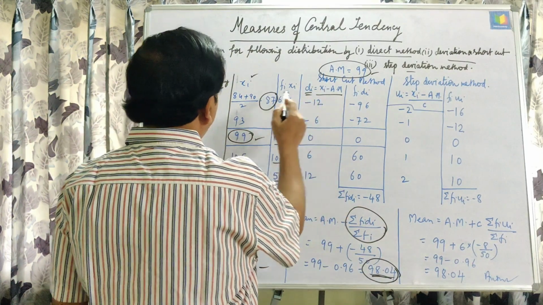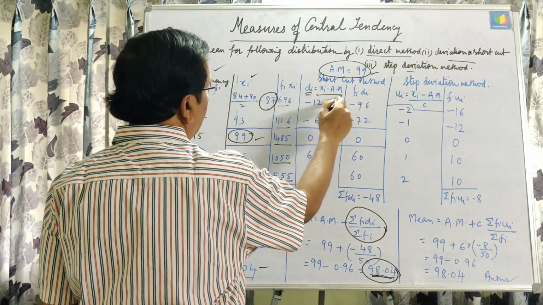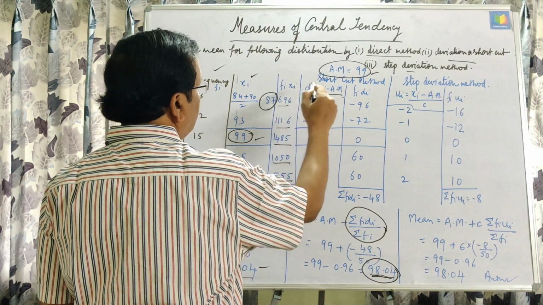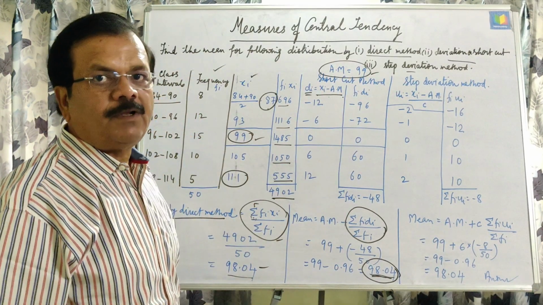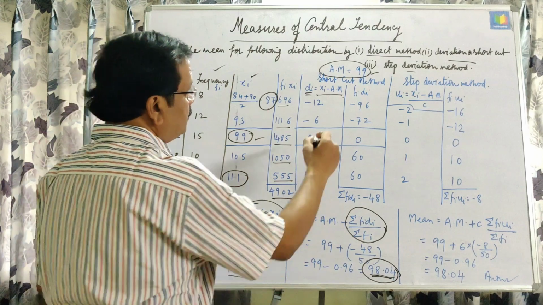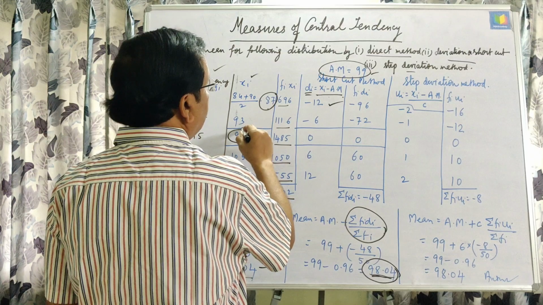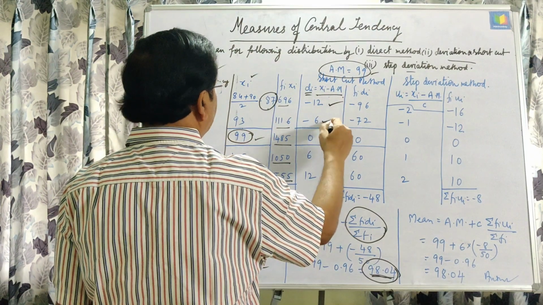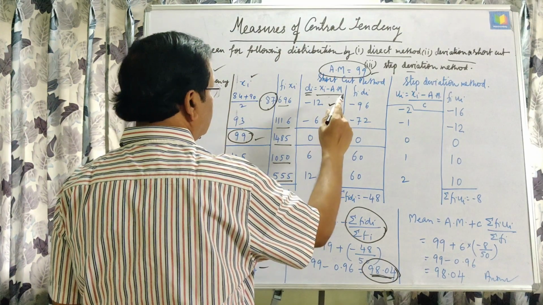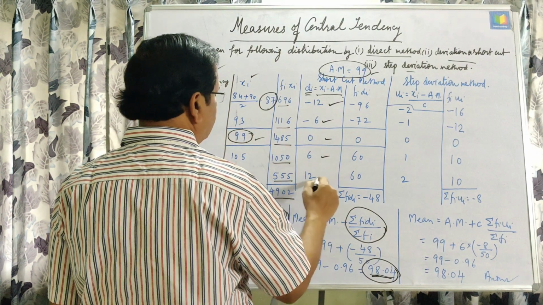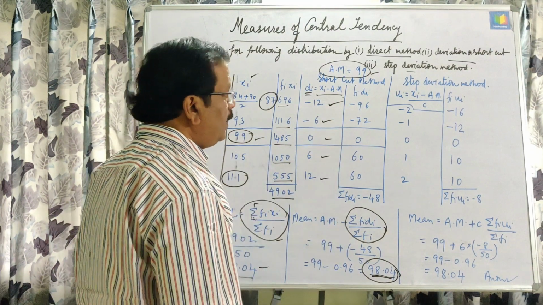Then from each row we get xi minus assumed mean: 87 minus 99, and the sign, negative or positive, will be taken accordingly, so this is minus 12. In the same way, 93 minus 99 is minus 6, 99 minus 99 is 0, 105 minus 99 is 6, and this is 12. You can see half are positive and half are negative.